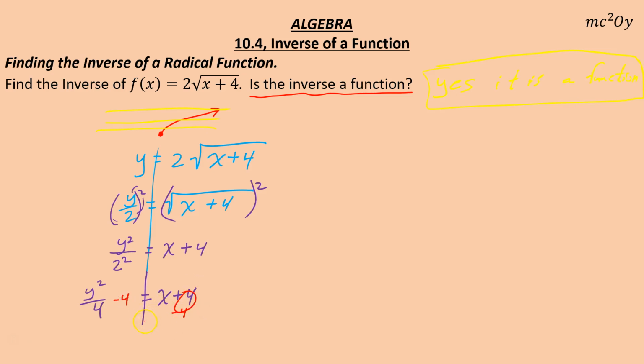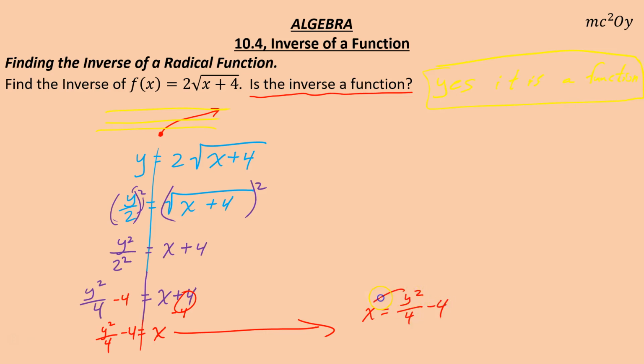Okay, so that's gone. I now have y squared over 4 minus 4 equals x. And let's rewrite that in this format. We'll have x equals y squared over 4 minus 4.